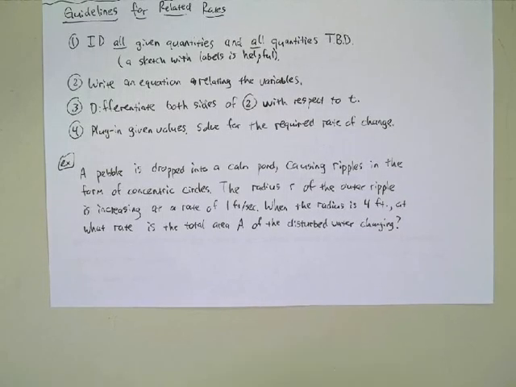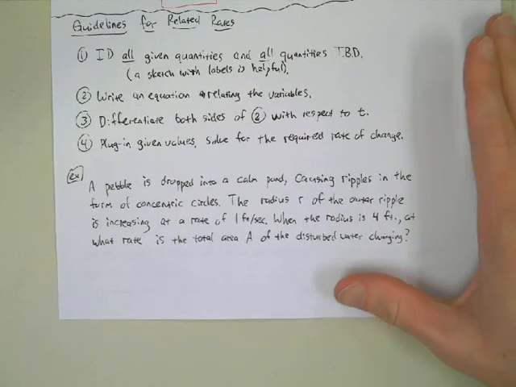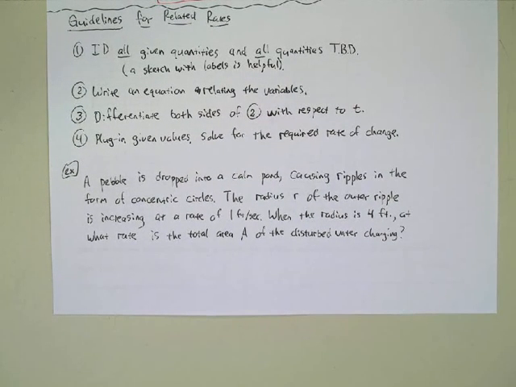So a pebble is dropped into a calm pond, causing ripples in the form of concentric circles. Obviously, those ripples are going to go out. The radius r of the outer ripple is increasing at a rate of 1 foot per second, at a particular instant.